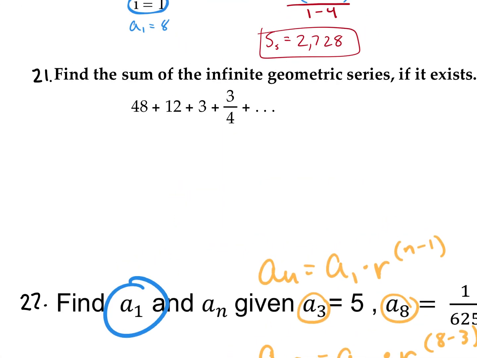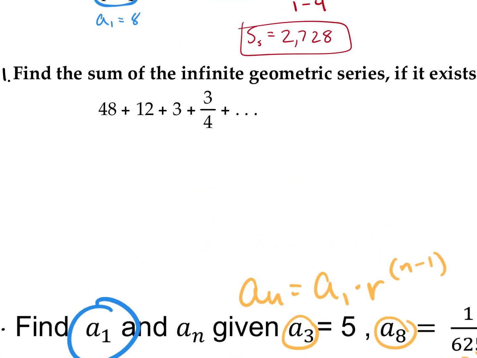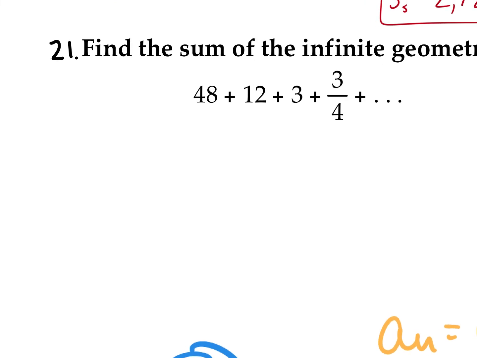So we have to find the sum of the infinite geometric series if it exists. So what's our infinite formula? S sub n is equal to a sub 1 over 1 minus r. So what's our first term? 48. And 1 minus our ratio.